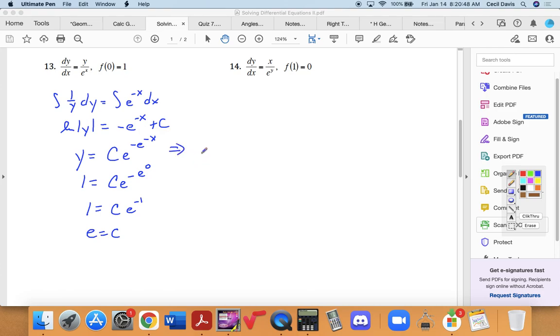So then going back up to here, I've got y is equal to e times e to the negative x, which is kind of funky looking. Remember that this is to the first power, and when you're multiplying those two, we can simply add the exponents. So we could rewrite that as y is equal to e to the 1 minus e to the negative x. And it looks a little less janky.